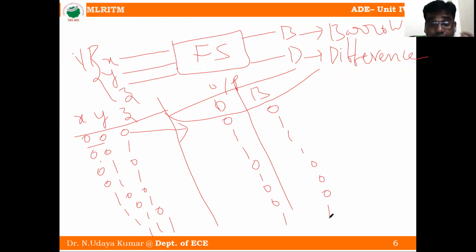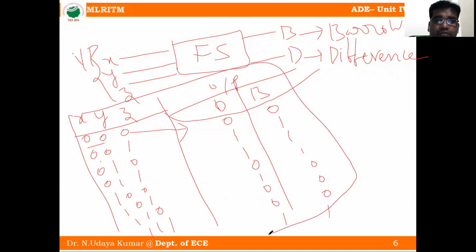Okay. It is a 3 variable map, meaning we need a 3 variable K map for finding the expressions for difference and borrow. For 3 variables we find the difference and borrow. For this we label the cells M0, M1, M2, M3, M4, M5, M6 and M7.